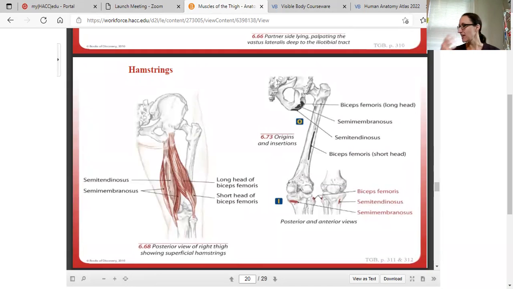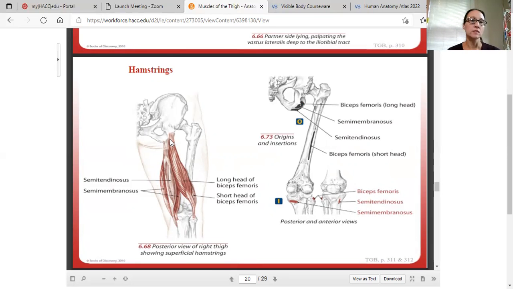Whenever someone takes a look at the hamstrings in a book or on an image, it looks like it's mostly the posterior thigh and that it takes up a lot of space on the posterior thigh, but that's simply not true. The hamstrings are actually quite small compared to the adductors and vastus lateralis. So I'd like to try to give you an accurate picture of the hamstring muscles here.